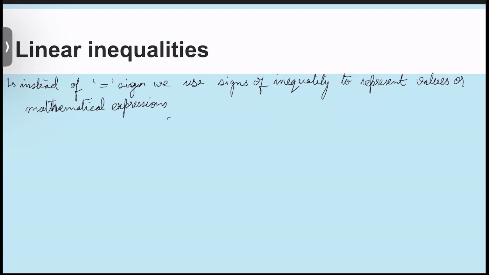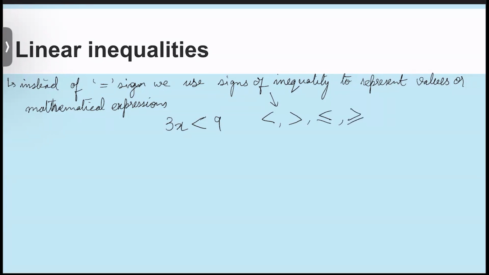So, for example, if we write 3x is less than 9. The signs of inequality, as we have seen, are less than, greater than, less than or equal to, or greater than or equal to.